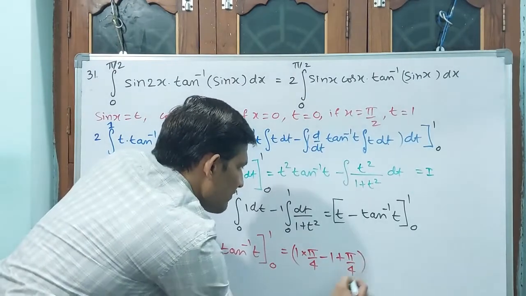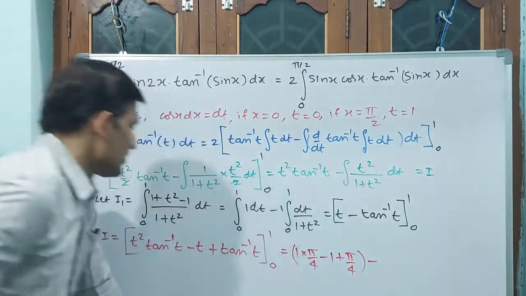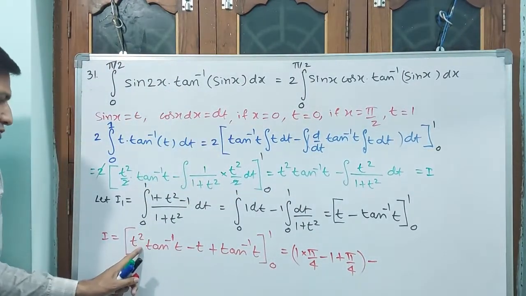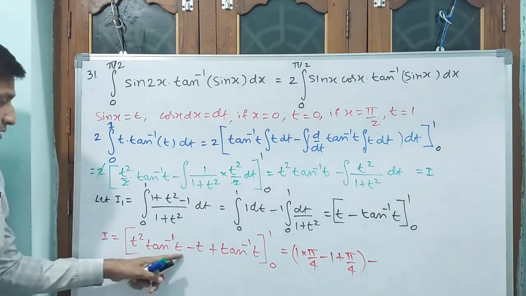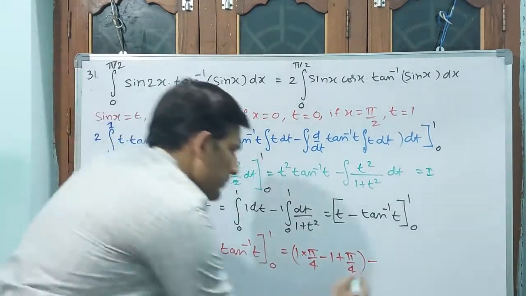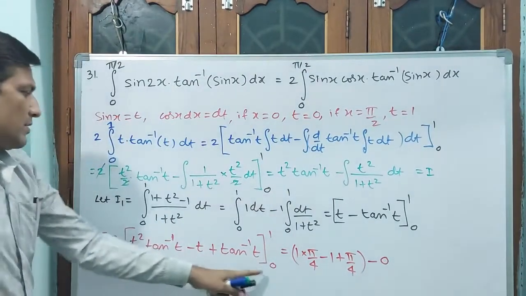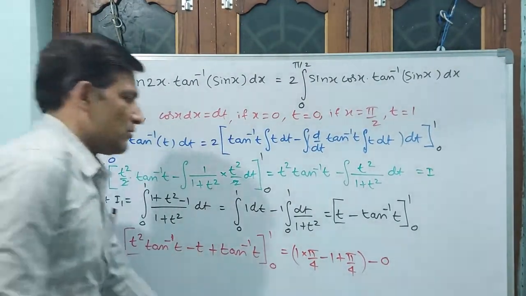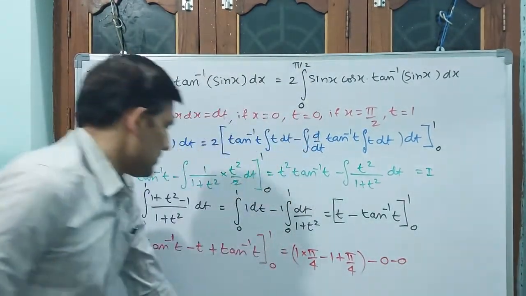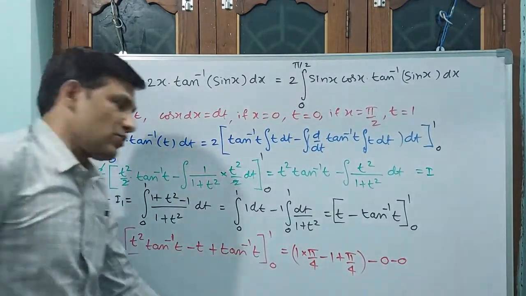Okay. See, this is first limit minus second limit. T square, 0 square. Entire thing, this is first 0 minus t minus 0 tan inverse 0.